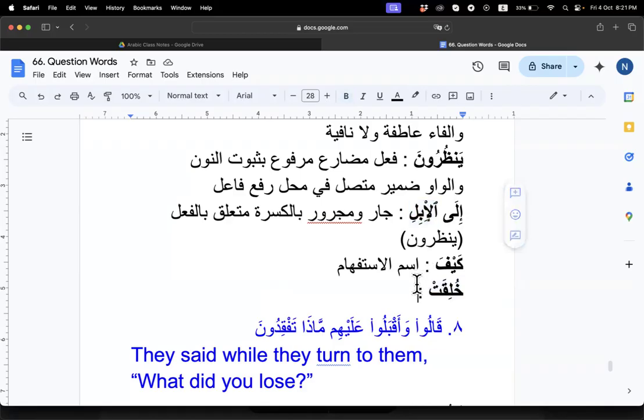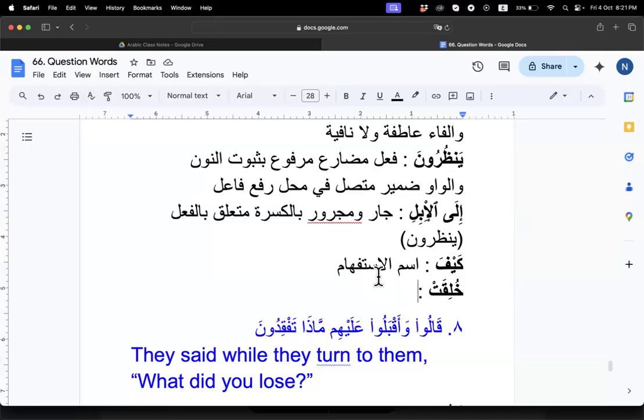So here you can argue for both. The other way, it would be maf'ul mutlaq. So it's asking about how the created part, the fi'il, was done. You can argue for both ways actually.